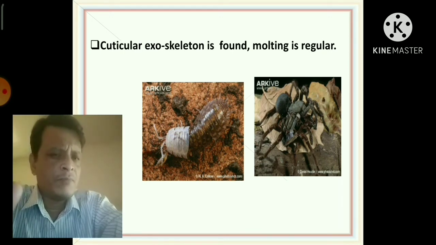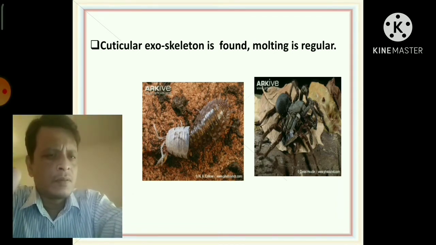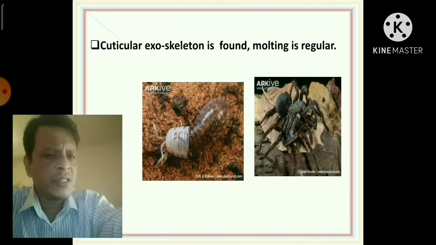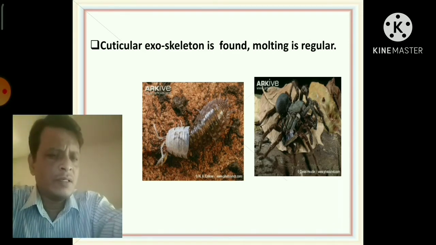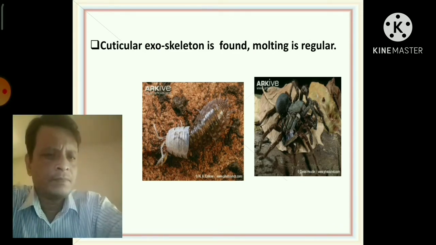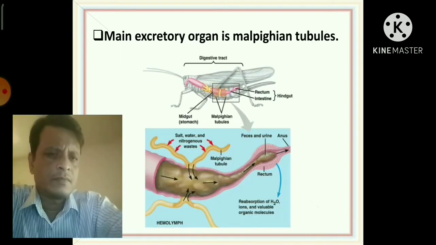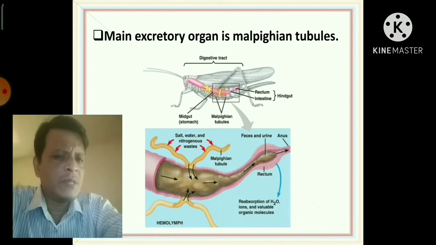Chitin is a complex polysaccharide, and molting is regular. Molting is nothing but the shedding of their exoskeleton at regular intervals. The main excretory organ is Malpighian tubules.